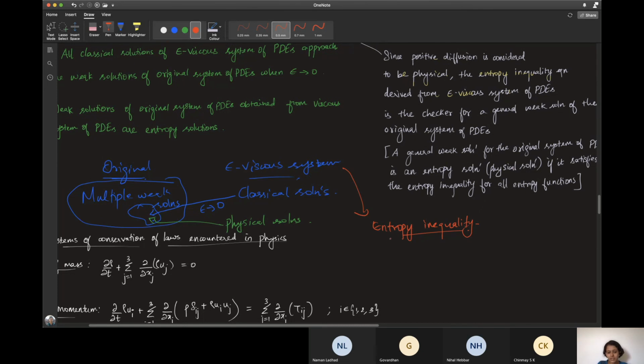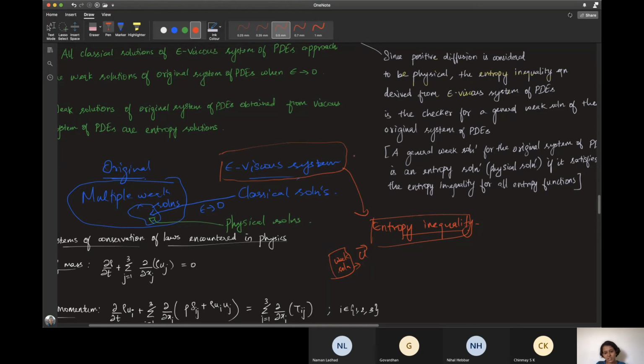So now any solution U vector, weak solution or classical solution, whatever, the weak solution itself encompasses the classical solution, so that's not an issue. Any weak solution U vector, if it satisfies this entropy inequality, then it means that it is somewhere related to this epsilon viscous system.